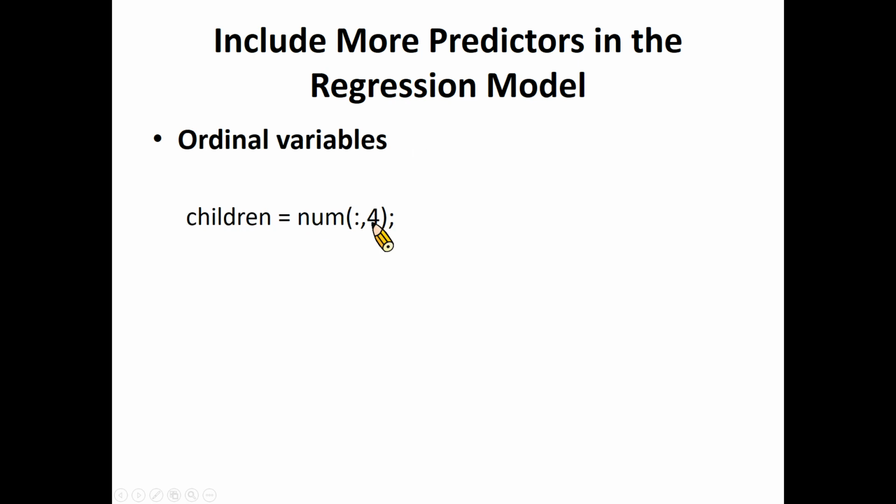Okay, there are other variables that are not really continuous, but they have ordinal information, which means they have order information. This is the number of children. One may have no child, but some people may have 1 child, 2 children, 3 children, or even more.